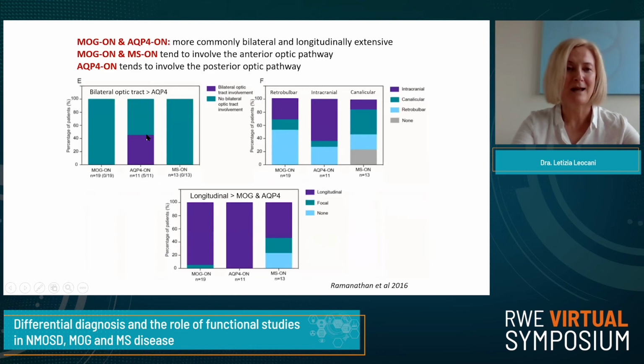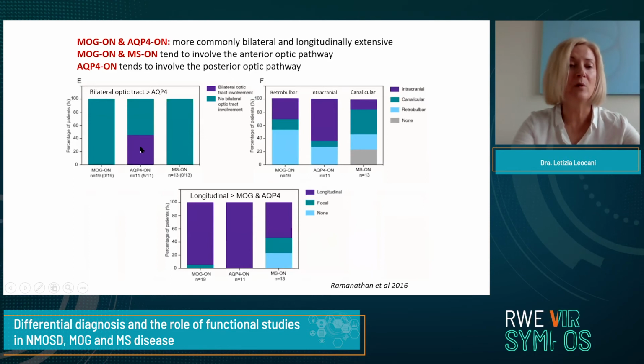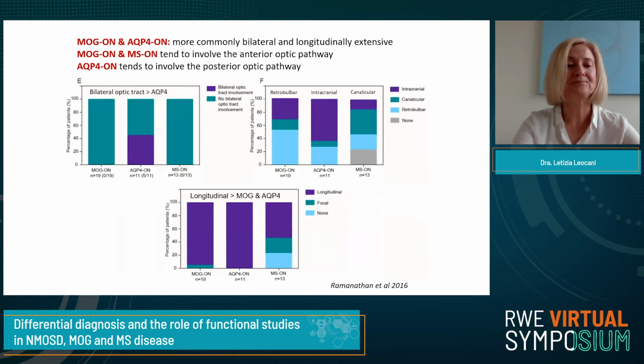In this slide, we can see that bilateral optic tract tends to be involved, similar to the chiasm, more frequently in people with anti-aquaporin 4 antibodies compared with both MOG and MS.